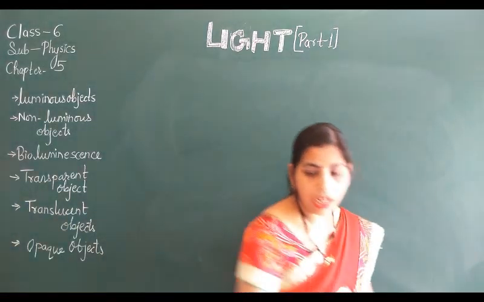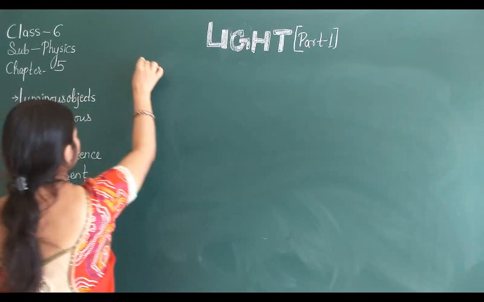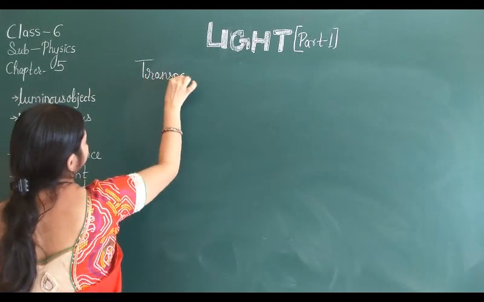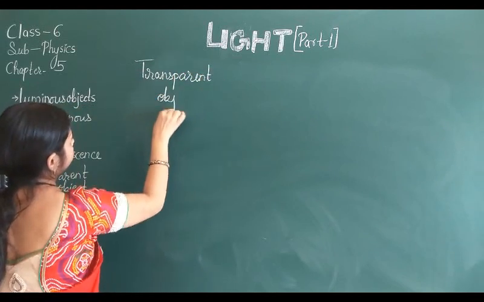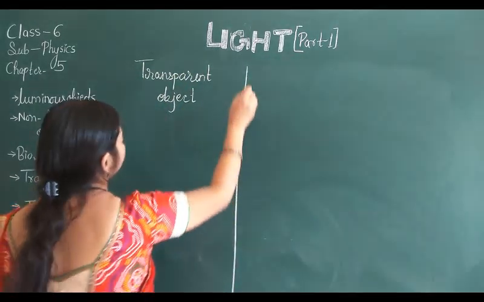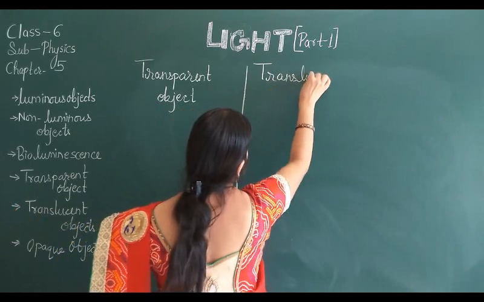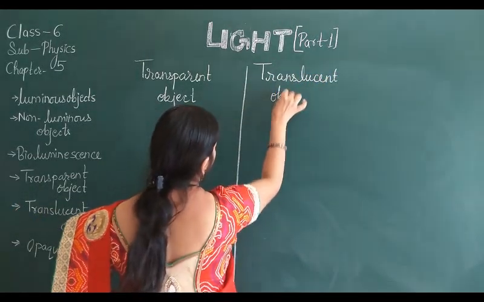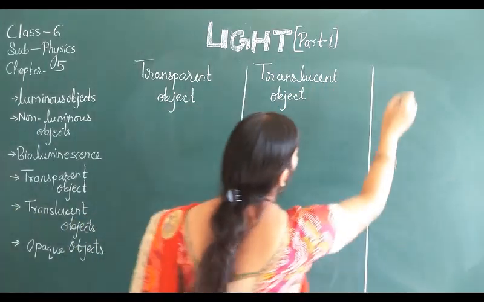Now, the other important terms are the transparent object, then the translucent object, and the opaque object.